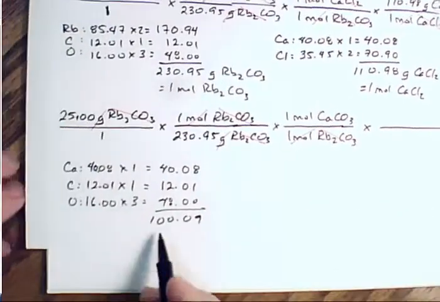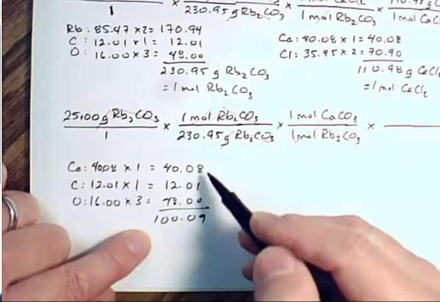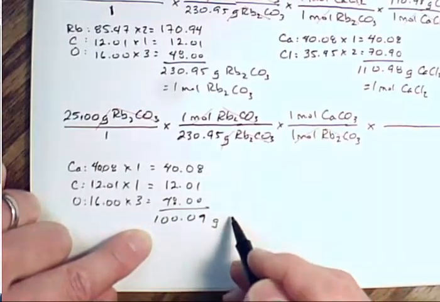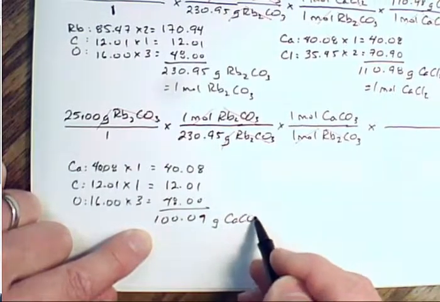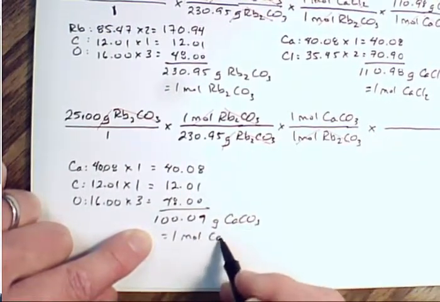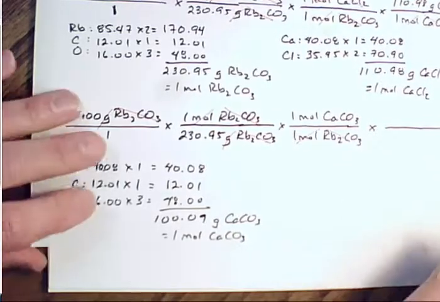And we get 100.09. And since there's no empty slots over here to the right when we're adding these up, we don't have to round off. This is grams of calcium carbonate equals 1 mole of calcium carbonate. And so we're going to build a conversion unit to go here.